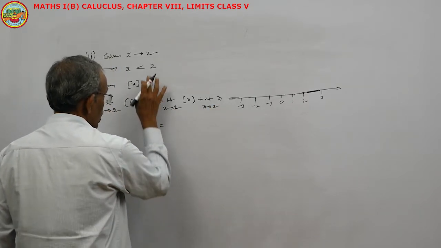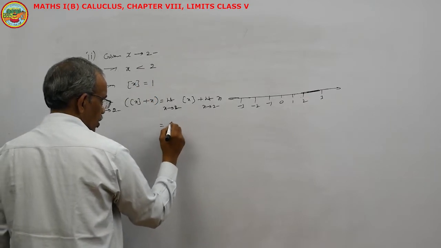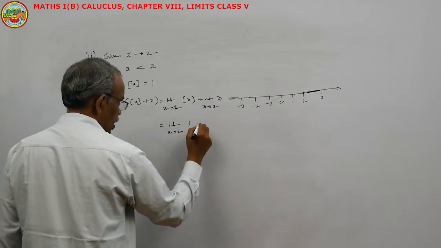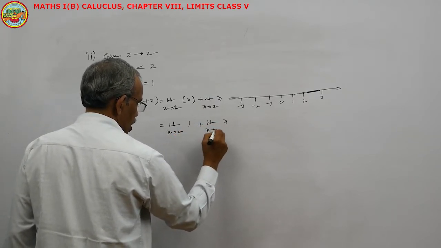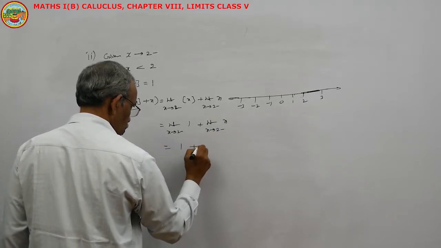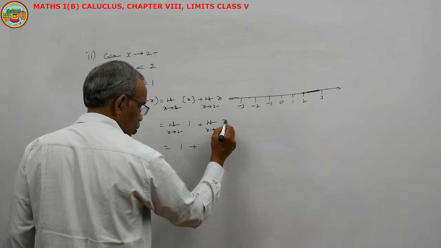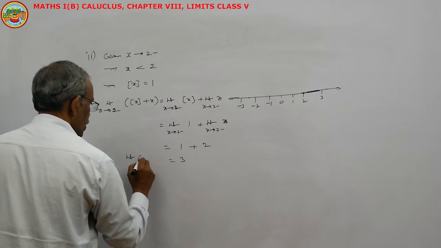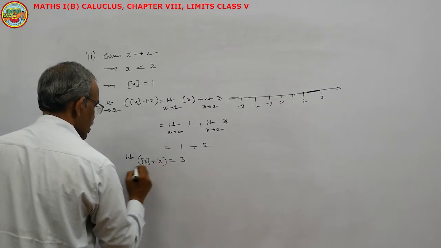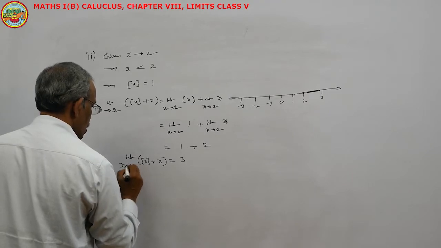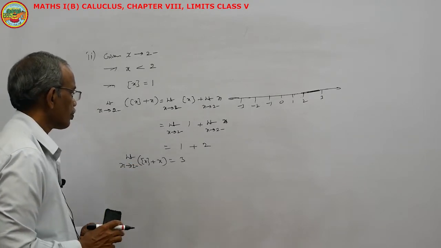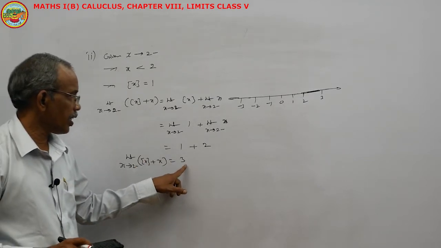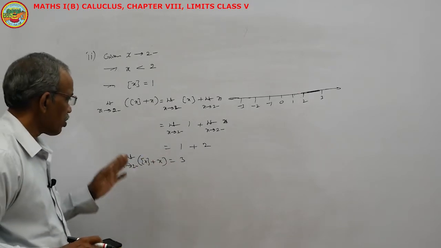Near 2 minus, step x is equal to 1. So limit of 1 as x tends to 2 minus, plus limit of x as x tends to 2 minus, is equal to 1 plus 2, since 2 minus also takes the value 2. That is equal to 3. Therefore, limit of step x plus x as x tends to 2 minus is equal to 3. For this function, the left hand limit at 2 is equal to 3 and the right hand limit at 2 is equal to 4.